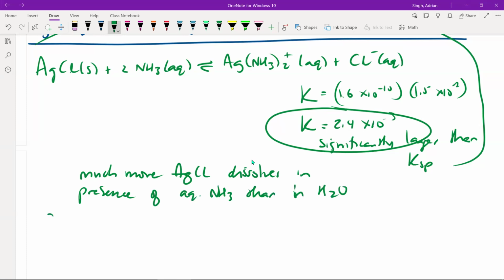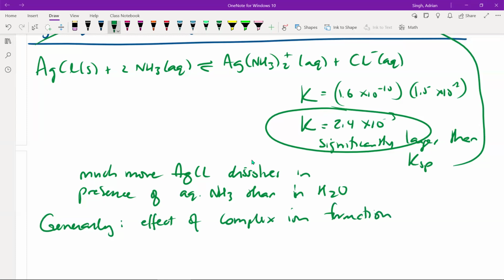Generally, the effect of complex ion formation is, as we've just seen, to increase the solubility of a substance.